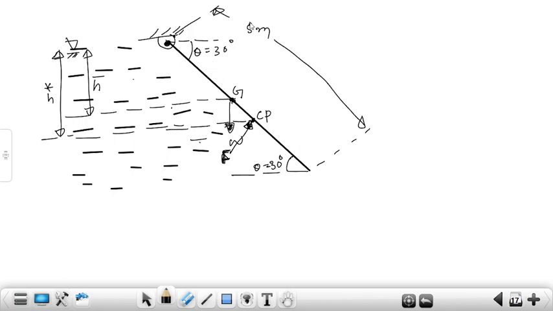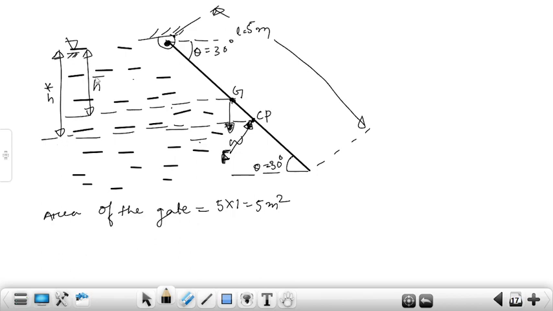The length is 5 meter. So we have to find the area of the gate, which is length into width. Width is 1 unit, so 5 into 1, which is 5 meter square.